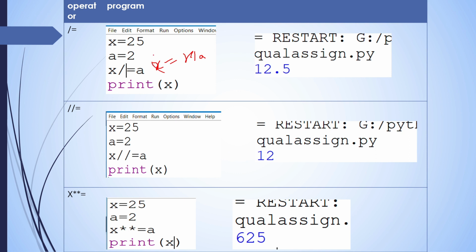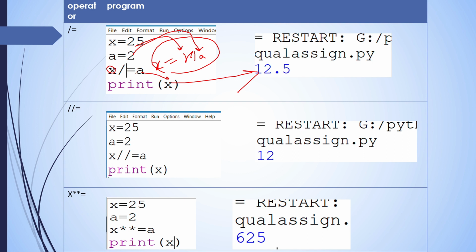This is the expression. So x has a value 25 and a has the value 2. It performs the operation, then the value is stored here, then when we print x, it comes here and displays here.